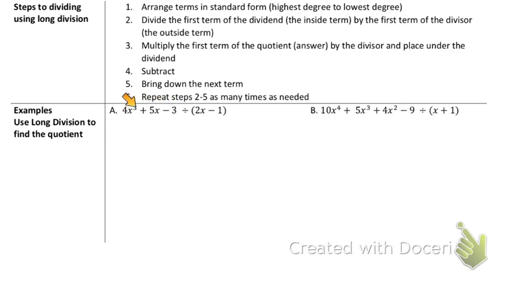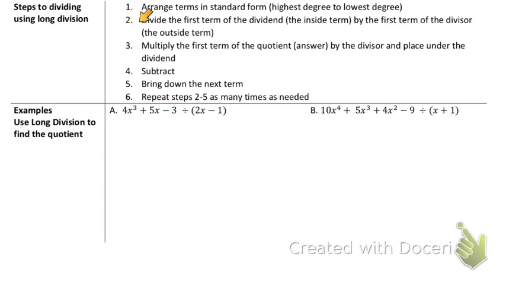On top of that, we want to make sure that we do not skip any powers. For example, we have a power of 3, then we skip the power of 2, and then we have a power of 1, and then we got the constant. When we set this up, we do not want to skip. So we're going to set this up without skipping, and I'm going to show you how to do this. So this is step 1.